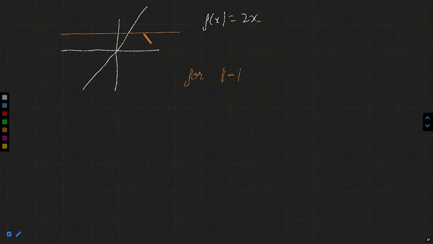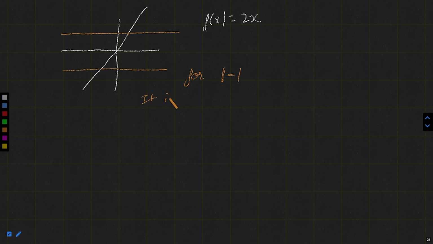If the horizontal line cuts the graph 2 times, then it is not one-one. If it cuts exactly one time everywhere, then it is one-one. As you can see, it is one-one.